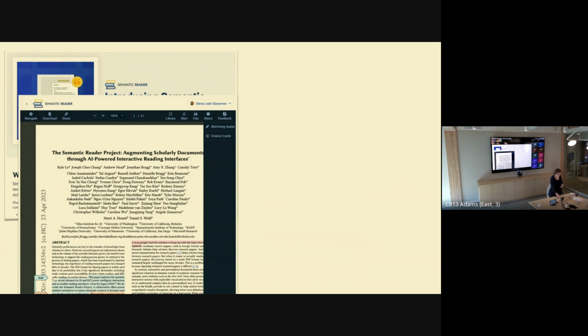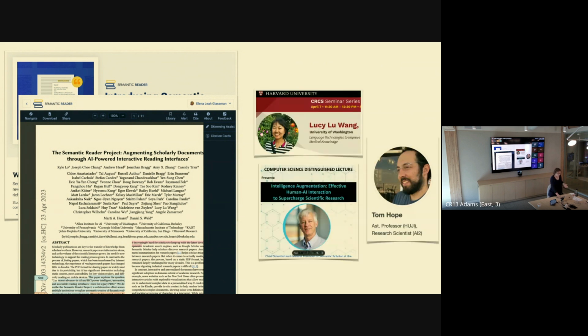And I've had folks come to Harvard, and it's been lovely. So I'm here to tell you about, hopefully, a complementary vision. Maybe there's a role for some of my work in a future version of Semantic Reader, or maybe it's a completely different way of thinking about things, but still would benefit from things like your APIs.